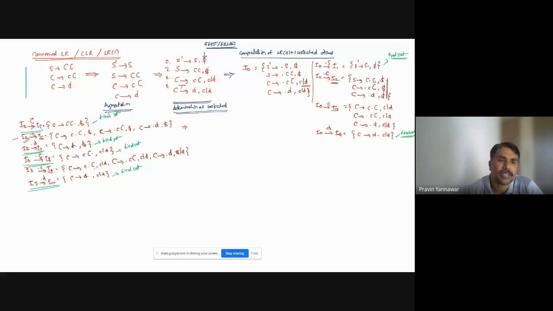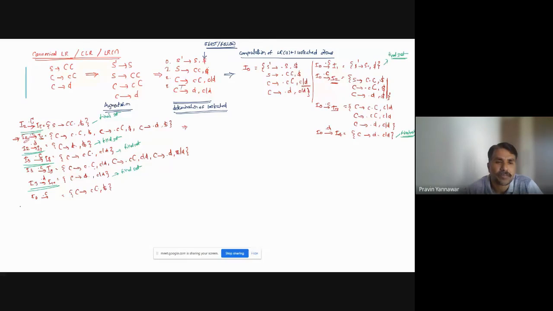You're talking about this particular set where I2 with small c is I6, where you have used the same. Okay, so simple case, I can go with I6 with capital C here. Since we have got this, we can have C implies small c capital C, dollar, and this is dot here.